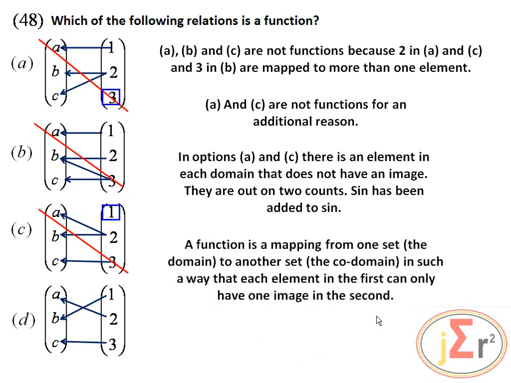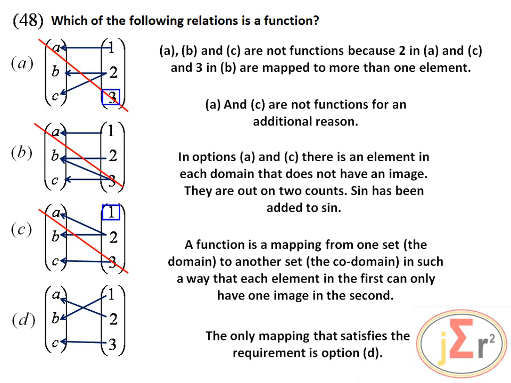A function is a mapping from one set called the domain to the other set called the codomain in such a way that each element in the first can only have one image in the second. The only mapping that satisfies this requirement is option D.